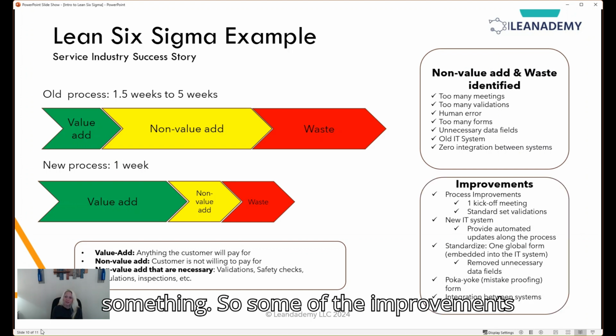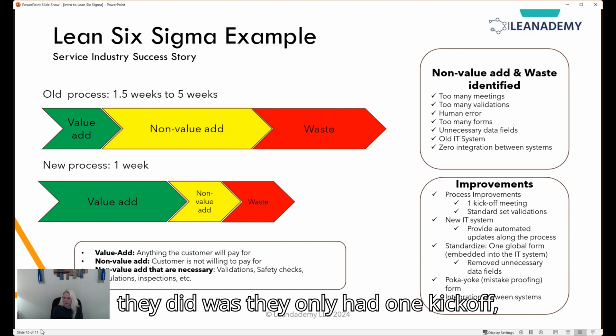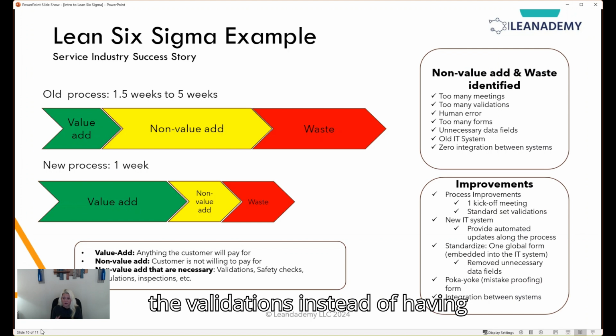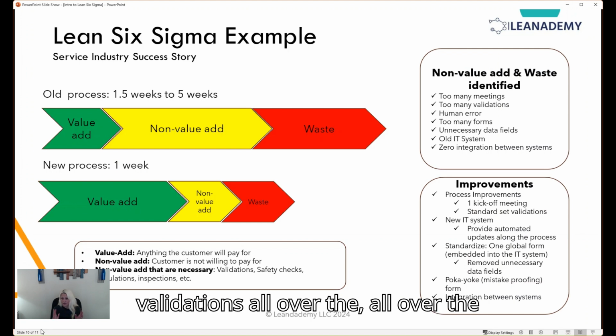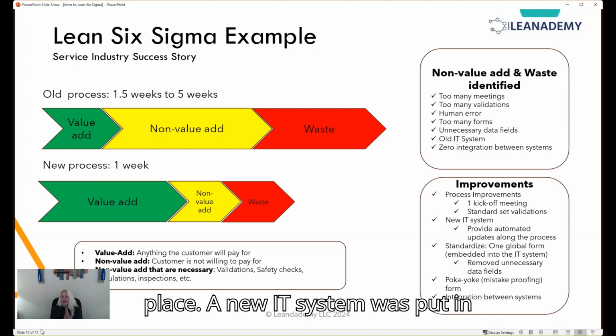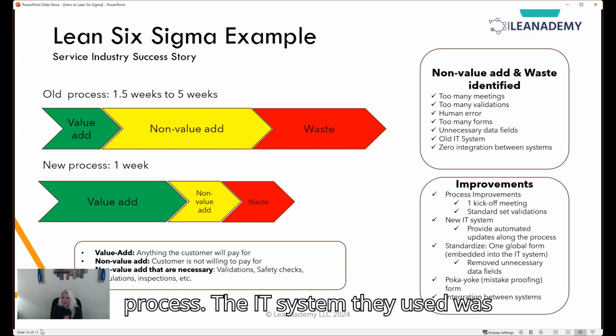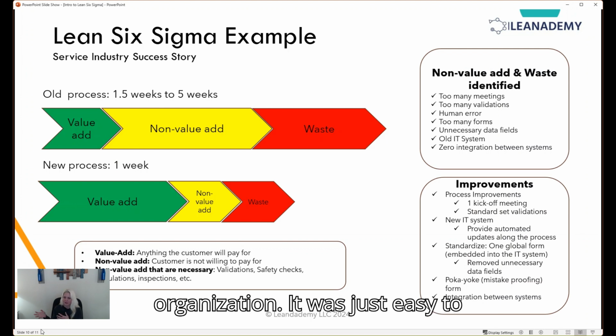Some of the improvements they made: they only had one kickoff meeting and a standard set of validations, instead of having validations all over the place. A new IT system was put in to provide automated updates along the process. The IT system they used was already being used by another organization, so it was easy to put them onto it.